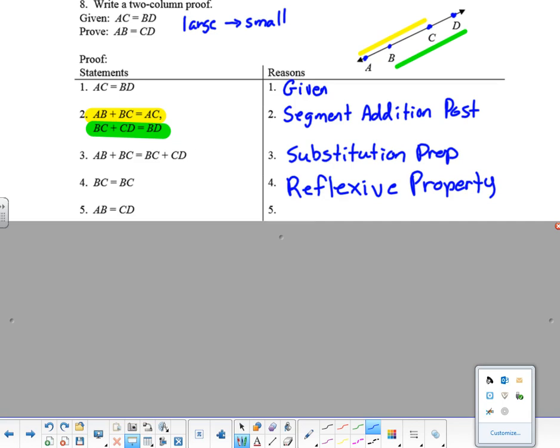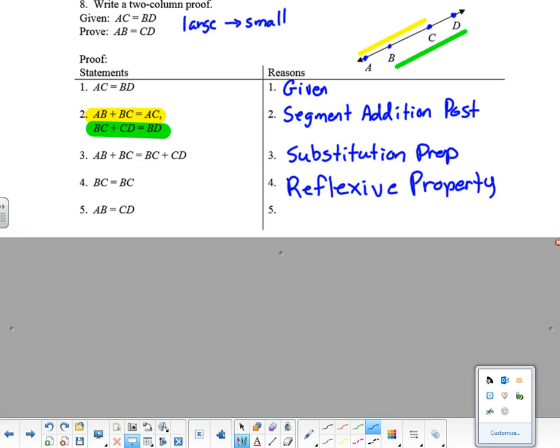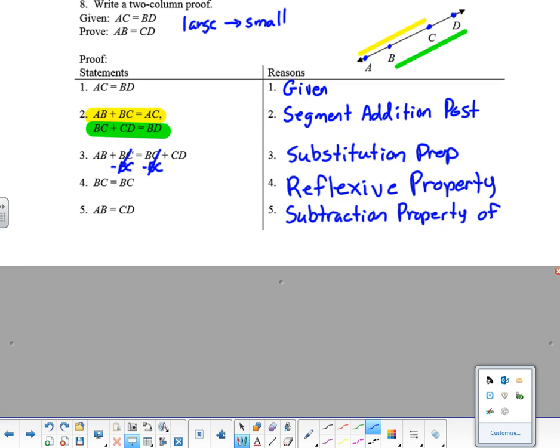Well, if we subtract BC, BC minus BC, those cancel each other out, and we're left with AB equals CD. So this would be the subtraction property of equality.